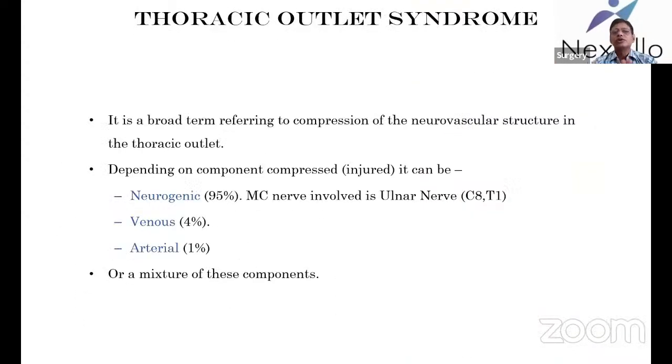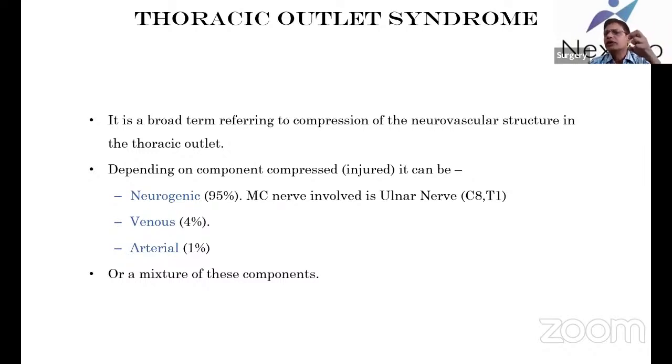So now this thoracic outlet syndrome, what is it? The thoracic outlet syndrome is actually a very broad term which refers to the compression of the neurovascular structures in the thoracic outlet, be it the nerves of the brachial plexus, the subclavian artery, or the subclavian vein.